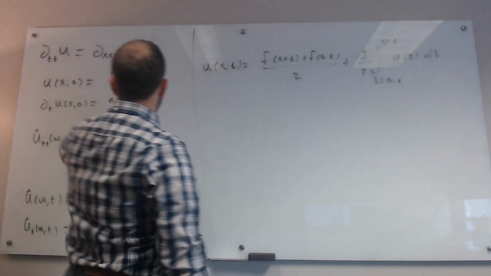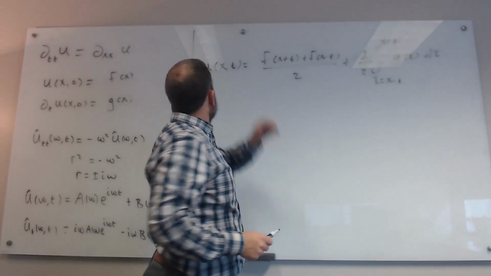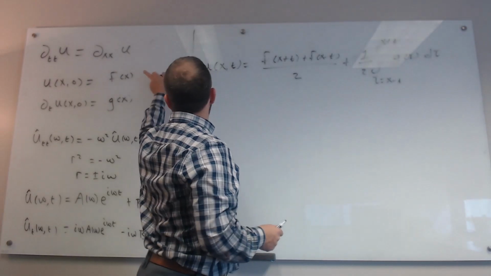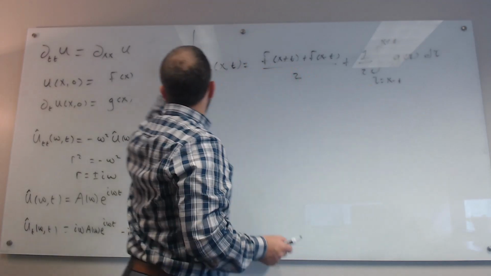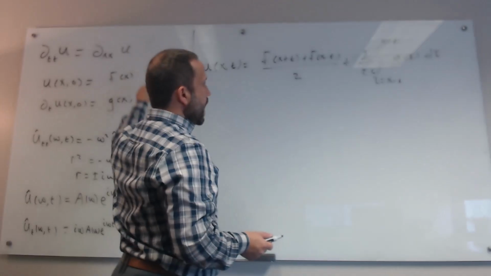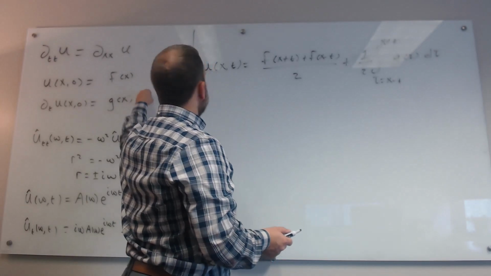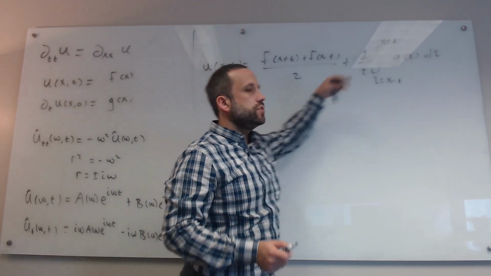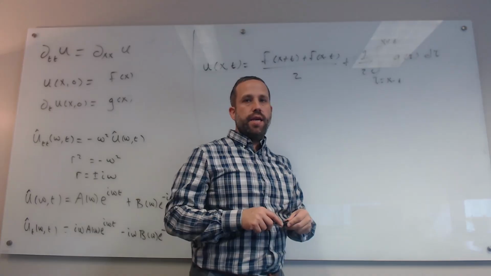That is the solution to this overall problem here. This satisfies the linear PDE with f here and 0 there. This satisfies the linear PDE with 0 here and g there. So their sum satisfies the boundary conditions. Since the PDE is linear, a sum of solutions is itself a solution. But that's only because the PDE is linear.